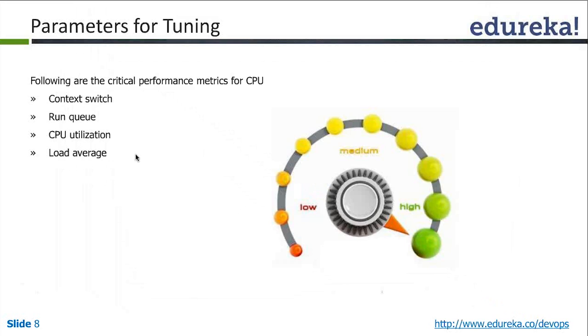Now, during this time, if it is not able to finish executing, it is thrown out of the CPU and put into a waiting queue. This is called a context switch. Did you get this?